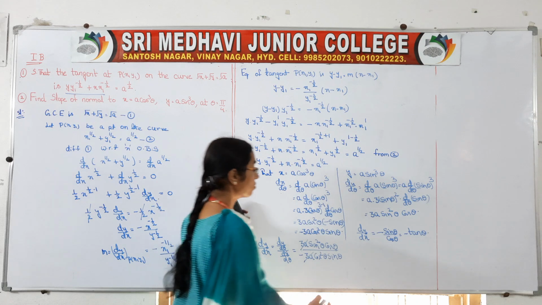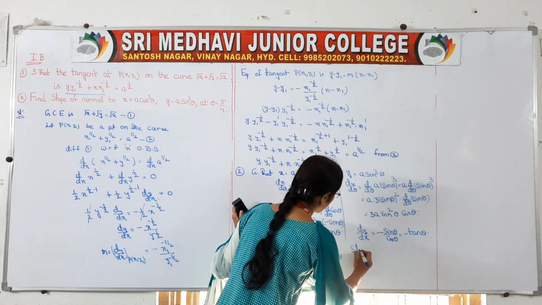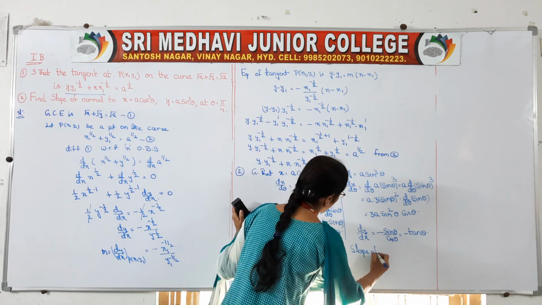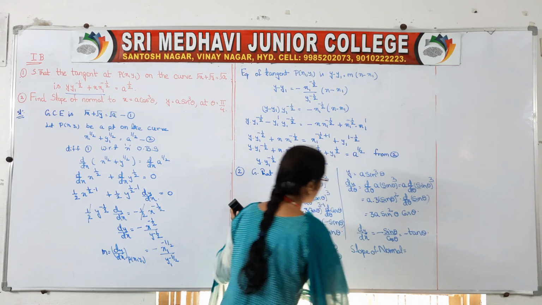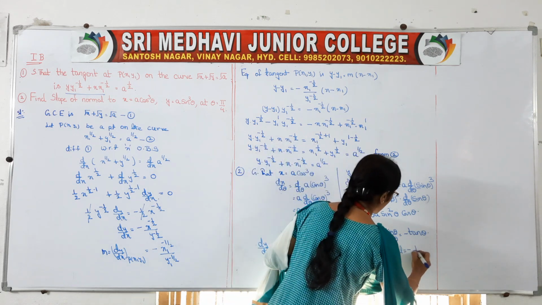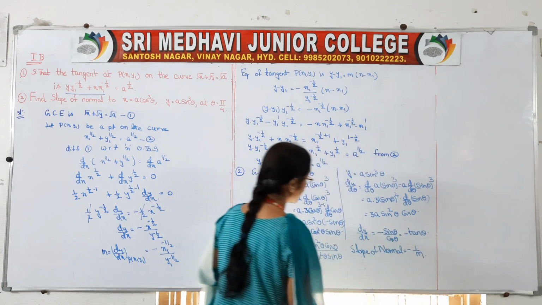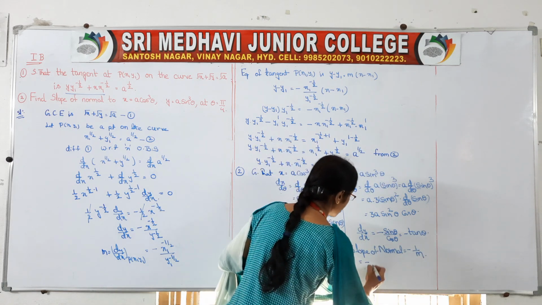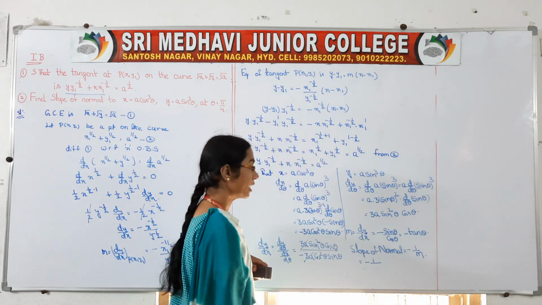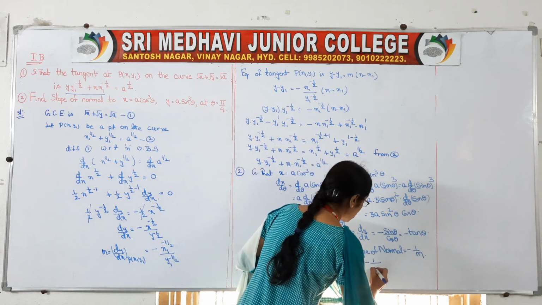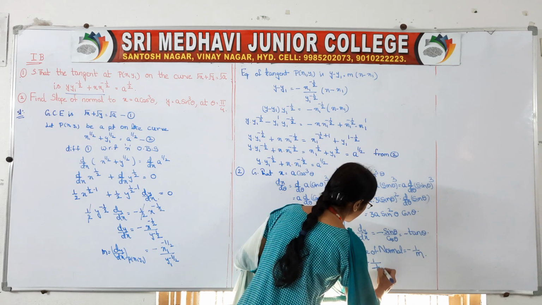So we have to find the slope of the normal. So slope of the normal is equal to, what is the formula? Minus 1 by m, where m is dy by dx. So minus 1 by minus tan theta.